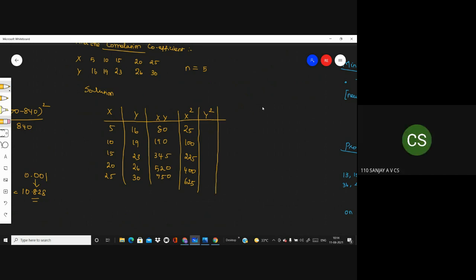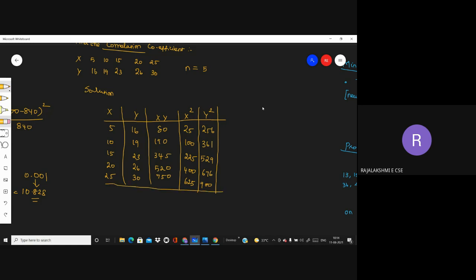Do the y square. 256. Next, 19 into 19, 361. Okay. 23 into 23, 529. 26 into 26, 676. Okay. 30 into 30, 3 3s are 9, so 900. So this is it.